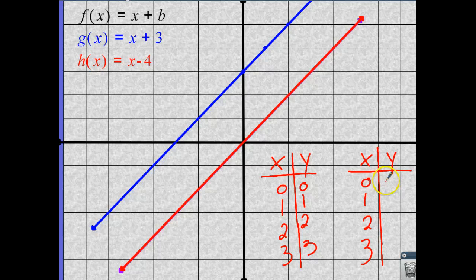So 0 minus 4 is negative 4. 1 minus 4 is negative 3, negative 2, and negative 1. And let's see where that's going to go. 1, 2, 3, 4. And then 1, negative 3 is 1, 1, 2, 3. Let's clear this parent out of here.